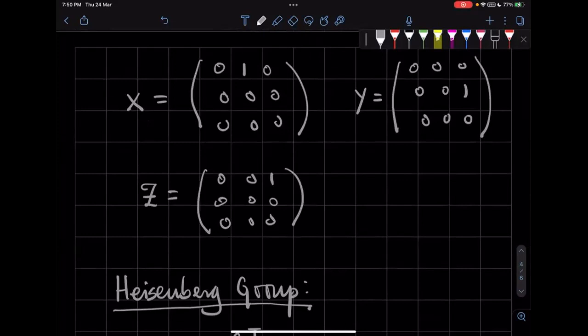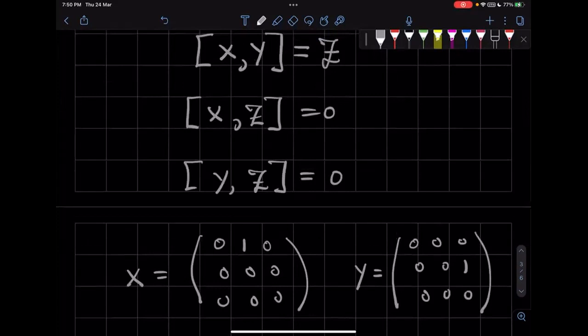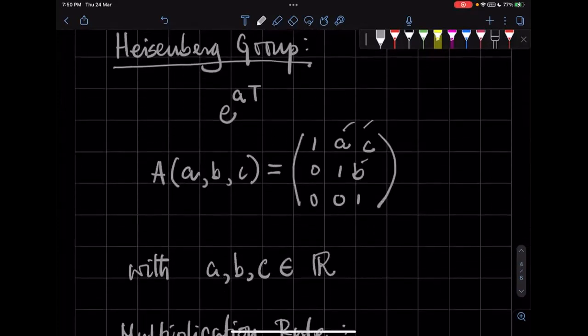You just have to verify that these satisfy this algebra. And then this is kind of obvious, right? Because if (A, B, C) is small, then it's 1 plus A times X, and then B times Y, C times Z, right?